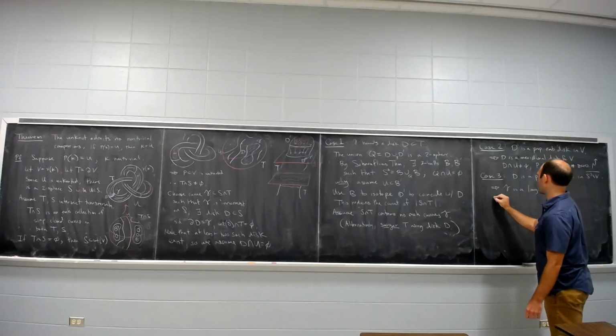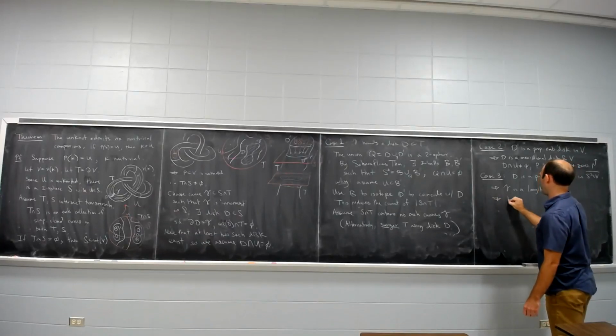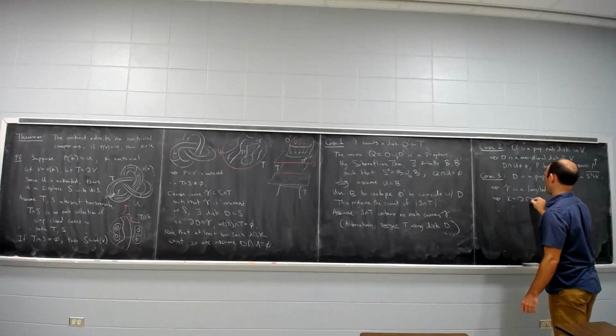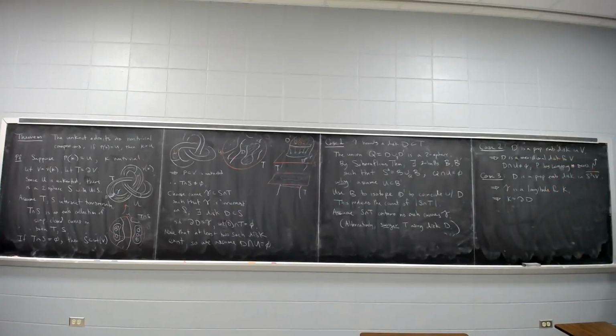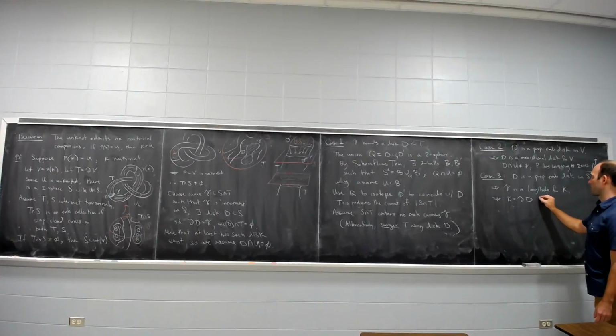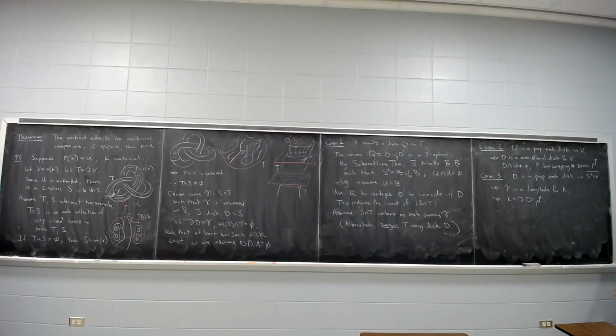But this implies then that K itself is the boundary of the disk D, or a closely associated disk D. We can extend D to the core K of the solid torus. Okay. And so this is another contradiction, implying that the companion is trivial. So that's a complete proof.